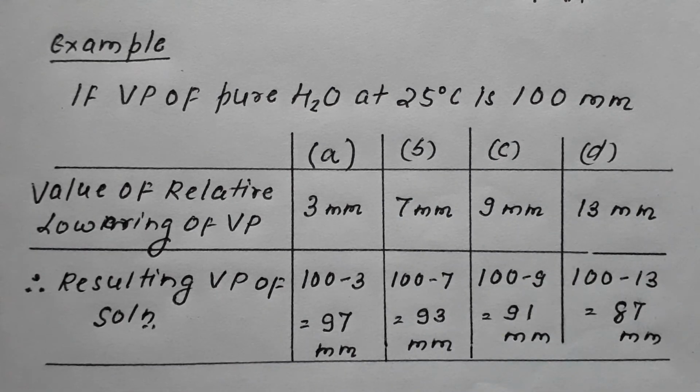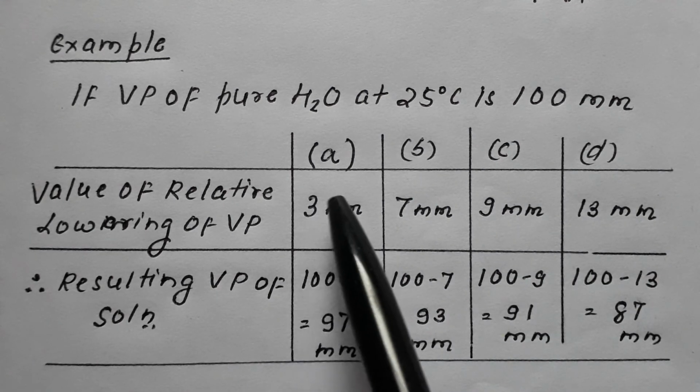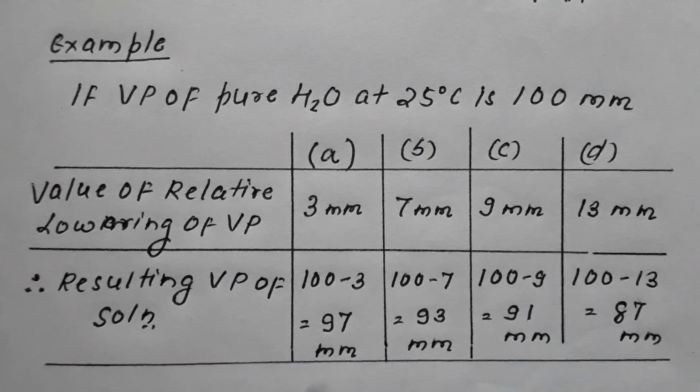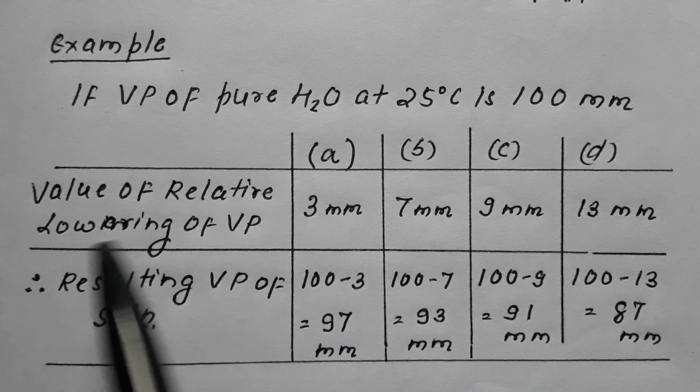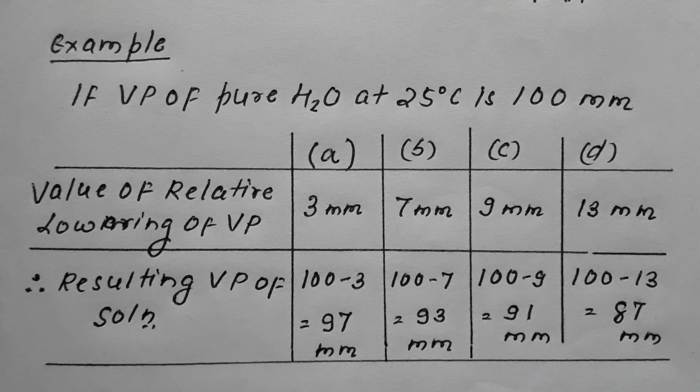And for A, B, C and D I put a tentative value of relative lowering of vapor pressure.